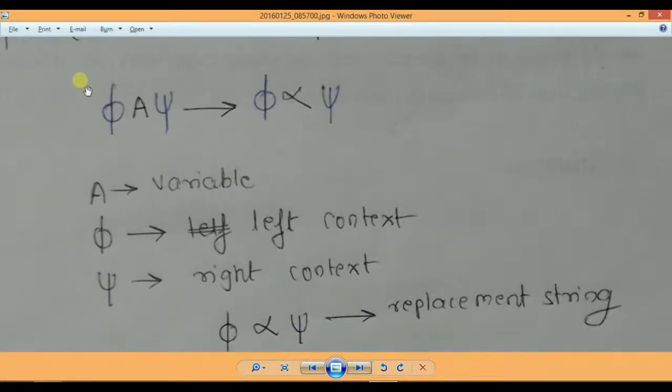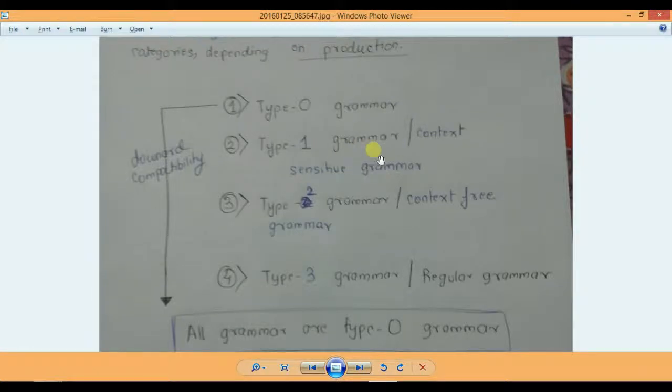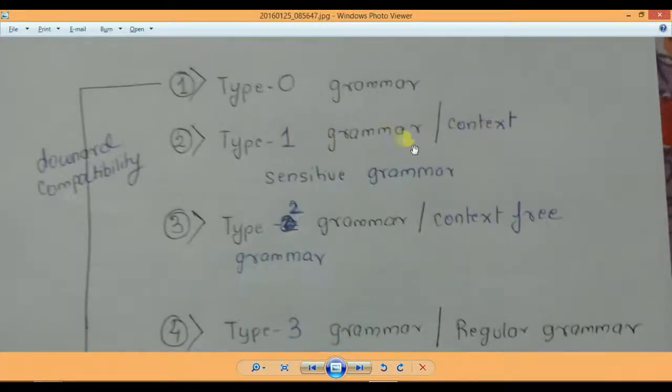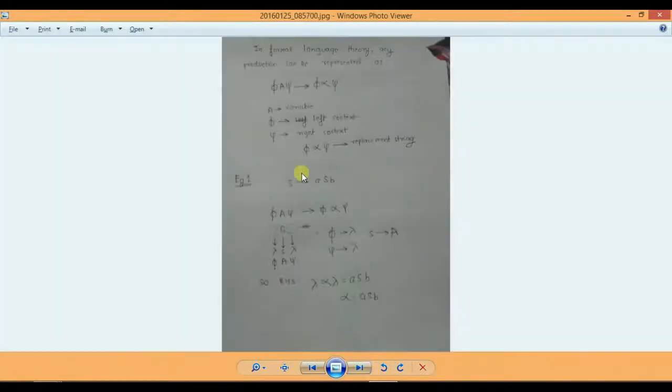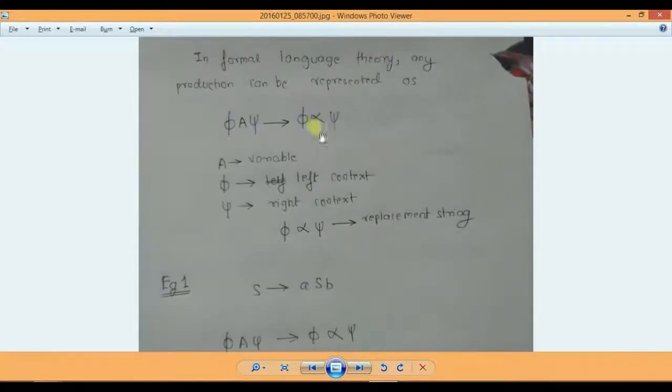Phi is the left context because it's to the left of variable A, and psi is the right context because psi is to the right of variable A. In the previous picture, I stated here type 1 grammar is context sensitive grammar. So now you know what context means. I shall discuss why it's called context sensitive grammar.